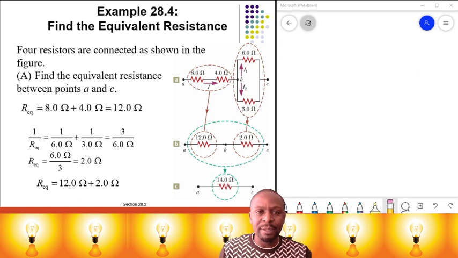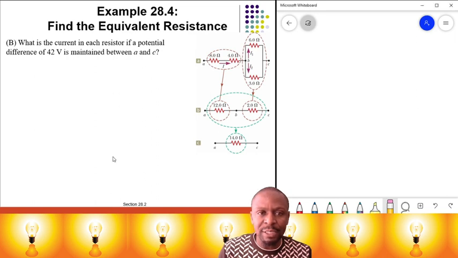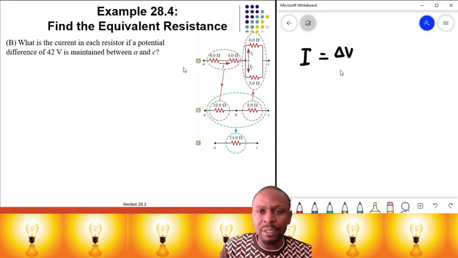ohms. Right. Now the next question is asking what is the current in each resistor if a potential difference of 42 volts is maintained between A and C. We know the R equivalent, therefore we can use I is equal to change in V AC divided by R equivalent.